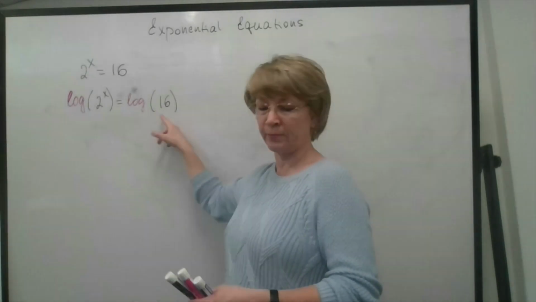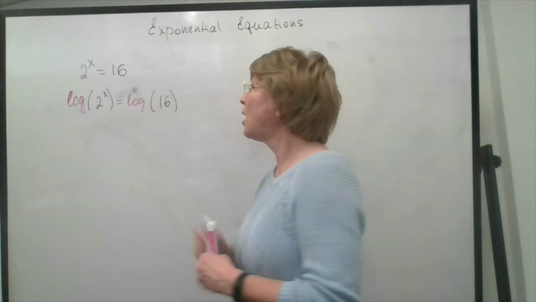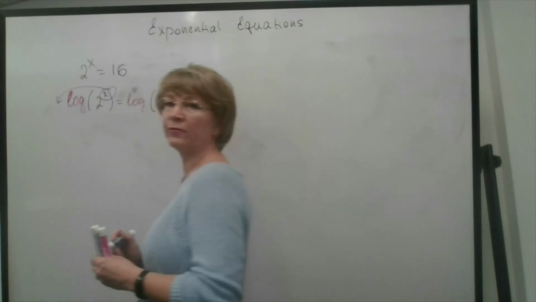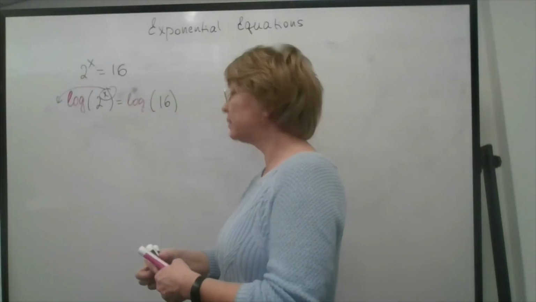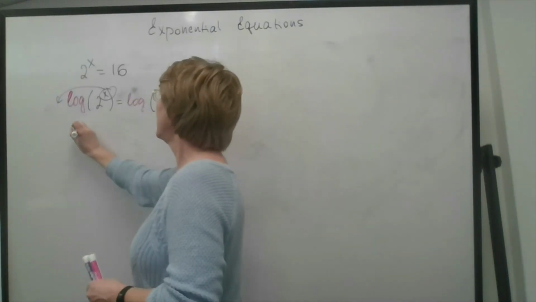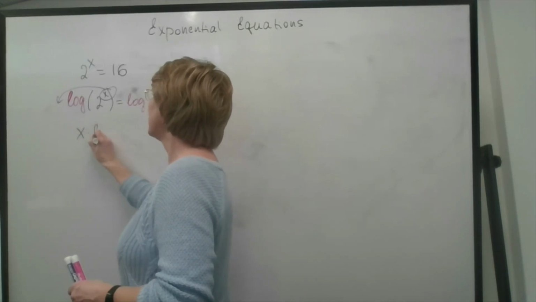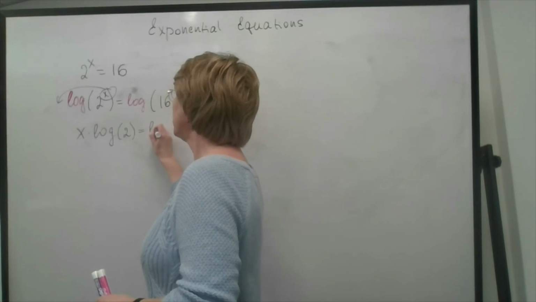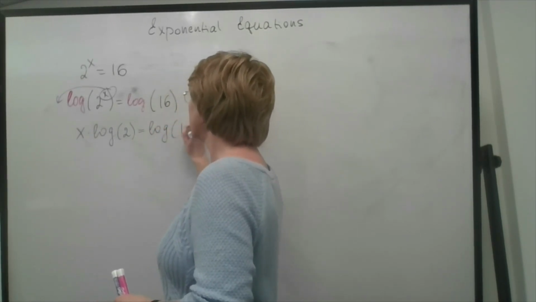This is step 1. Step 2, I will move the exponent in front of the logarithm. So it will look like this: x times logarithm of 2 is equal to logarithm of 16.